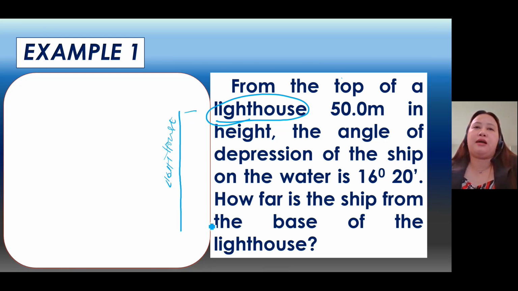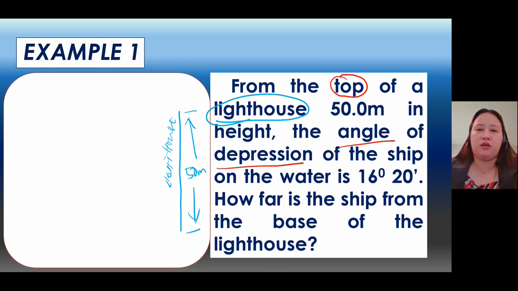Then it is said that the lighthouse is 50 meters in height. Next, in the problem, it was mentioned that from the top of the lighthouse, the angle of depression. Of course, in our discussion a while ago, the angle of elevation is on the lower portion, while the angle of depression is in the upper portion.